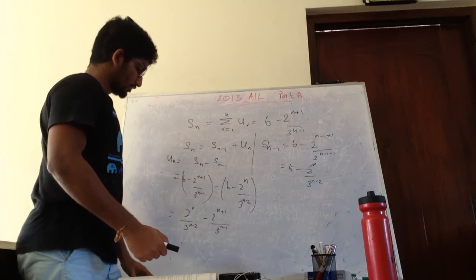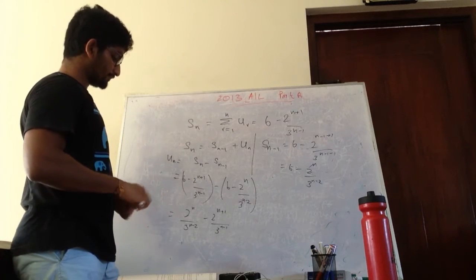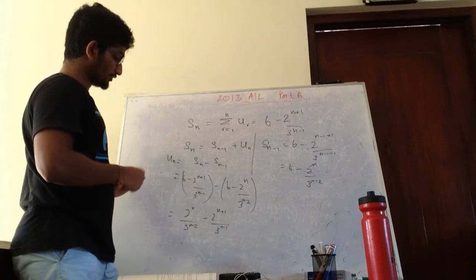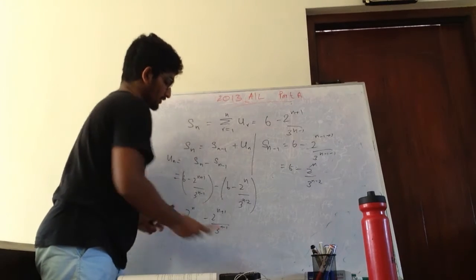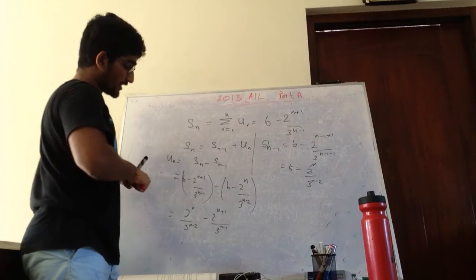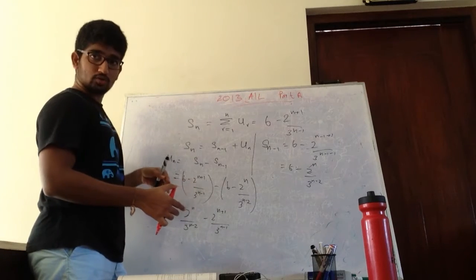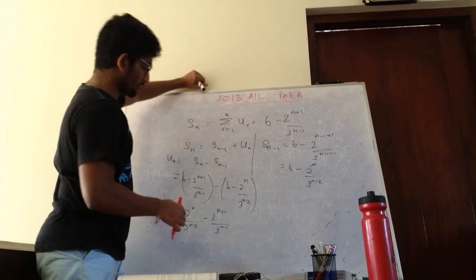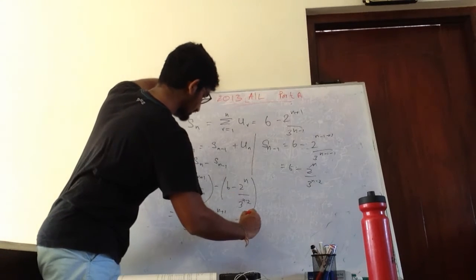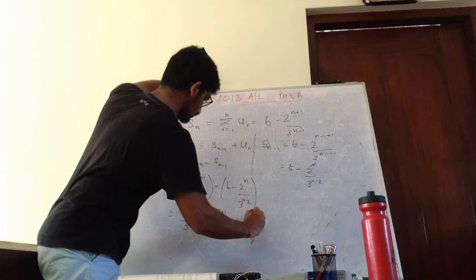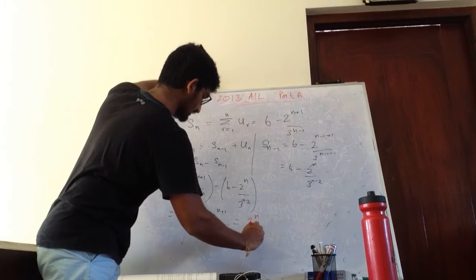So now what I'm going to do here is I need a common thing, no? Right? So what I'm going to do here is write this as 2 to the n over 3 to the n minus 2.